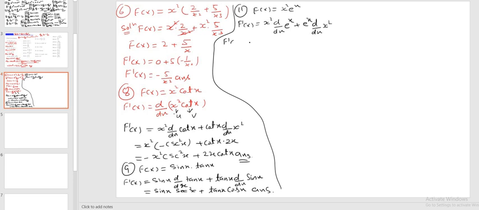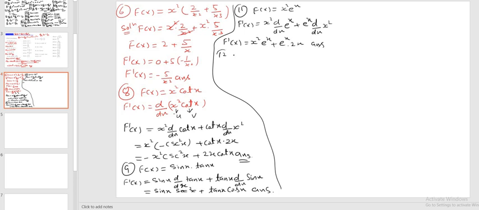So just step by step simplify. x square, d dx of e power x is e power x, plus e power x, d dx of x square is 2x. You can write it like that or 2x first. This is your answer of question number 11.